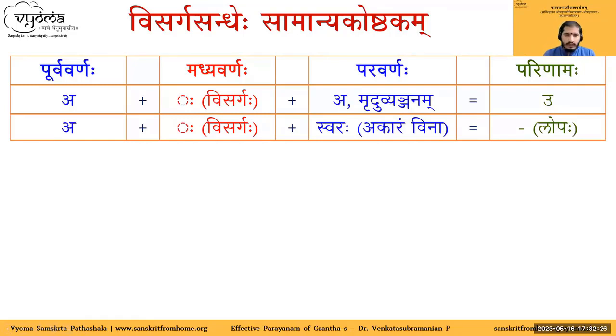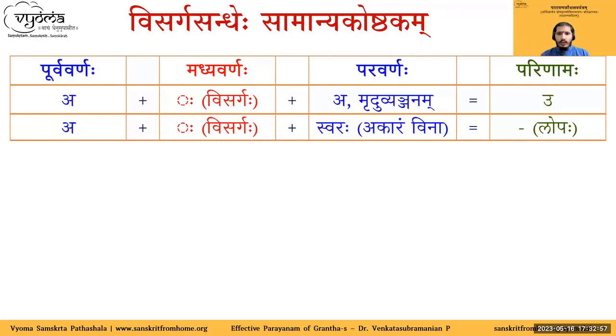So if we have purvarna as A, madhyavarna visarga, and paravarna other than hraswa A, that is A, E, U, R, L, I, O, Au, all this. If these are present in the paravarna, then what occurs is visarga gets deleted.